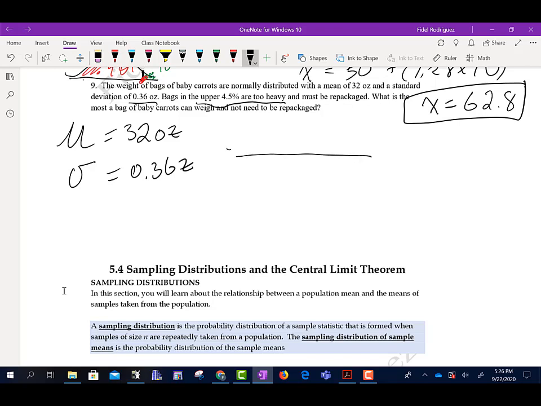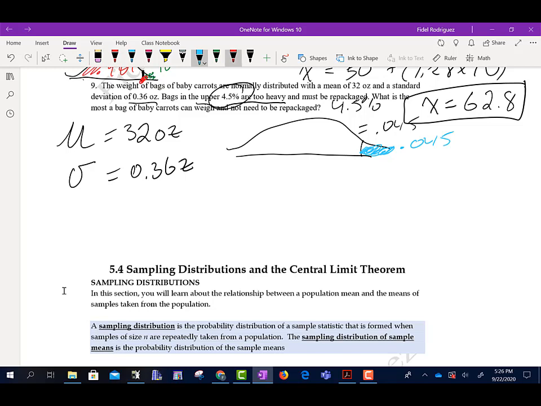First thing I'm going to do, I'm going to draw this graph. Okay, it says bags in the upper 4.5% are too heavy. 4.5% as a decimal, guys, is 0.045. What that's telling me is that the area over here is 0.045.